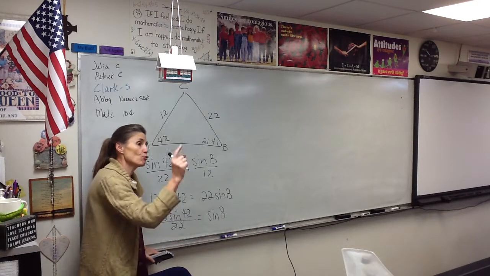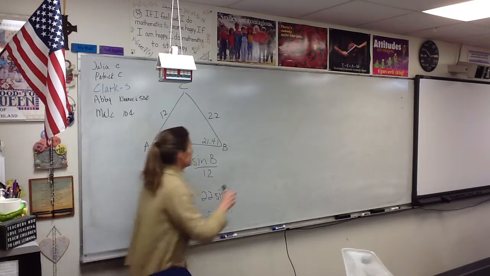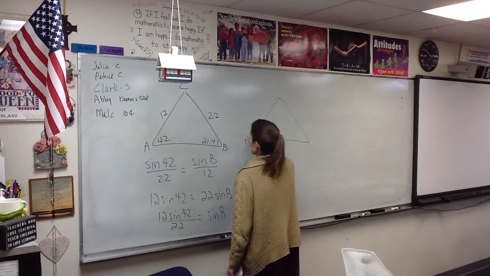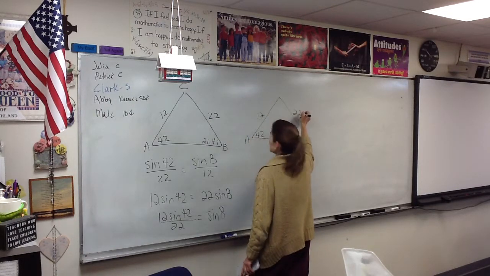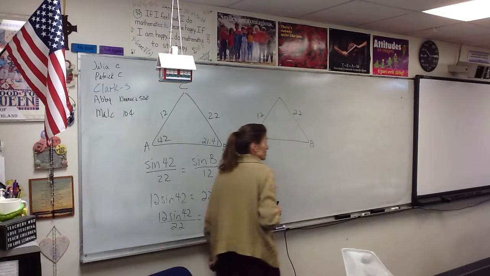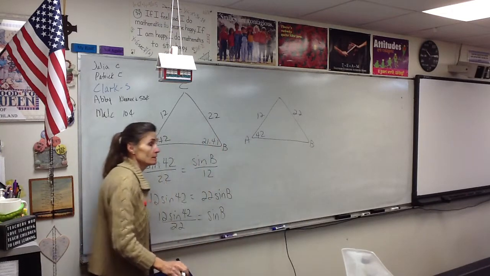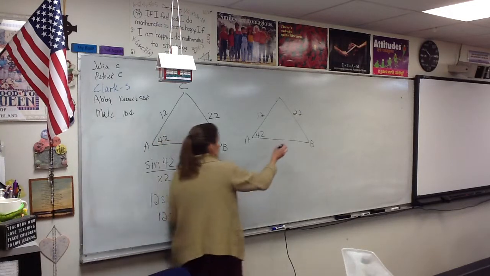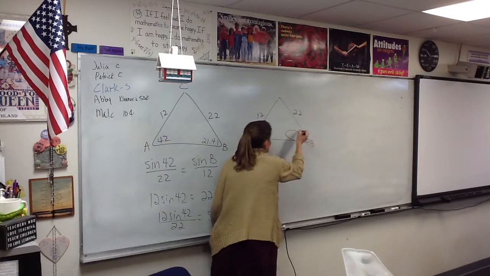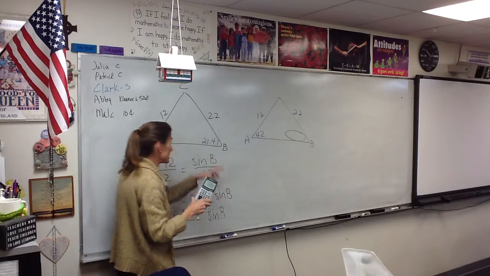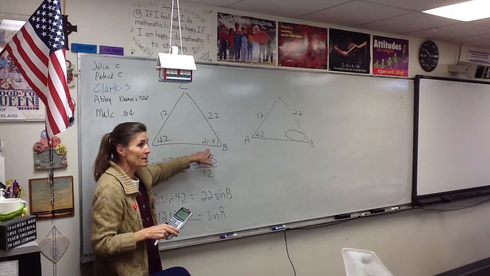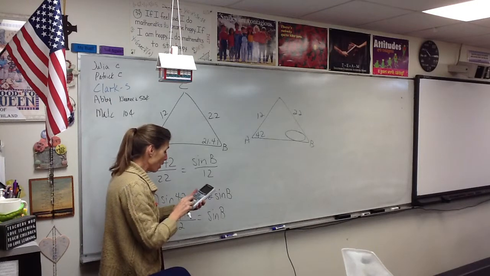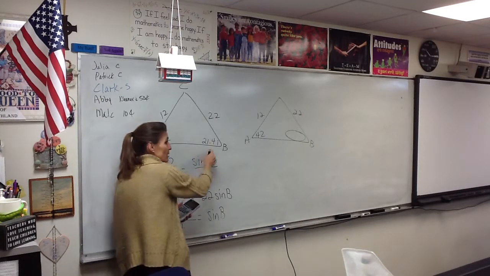Now, here's the critical next step. Draw another picture with the given, exactly what you had before. Now, there could be a second angle B. You found one angle B. The second one would be 180 minus that one.